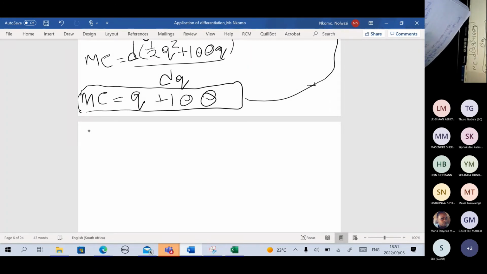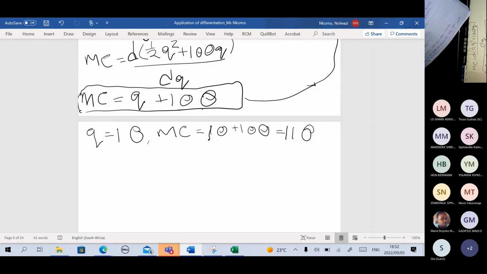If Q is 10, this means our marginal cost would be, we substitute 10 where there is Q, plus 100, we have 110.